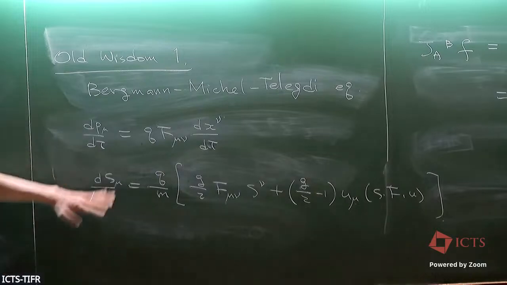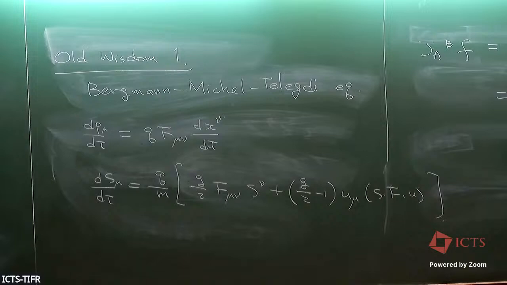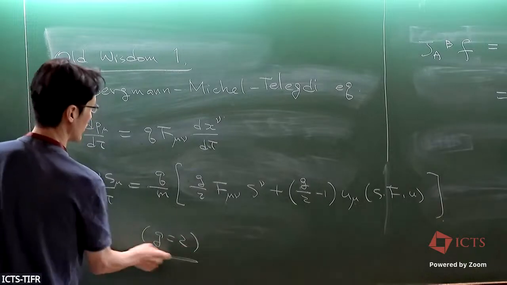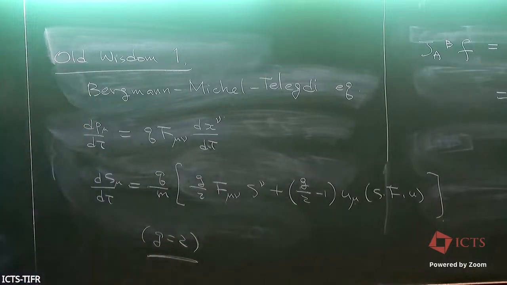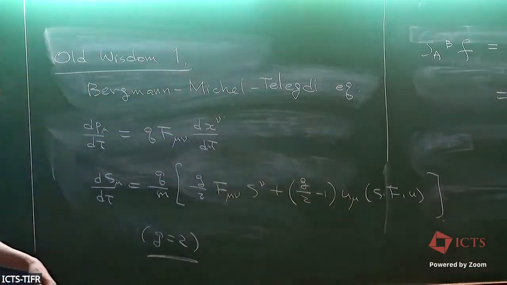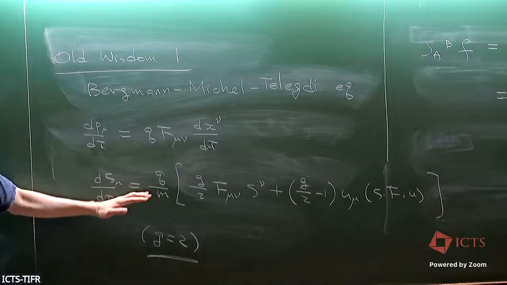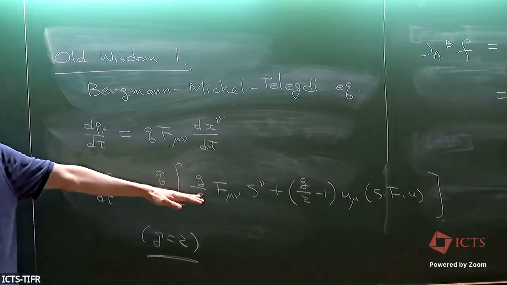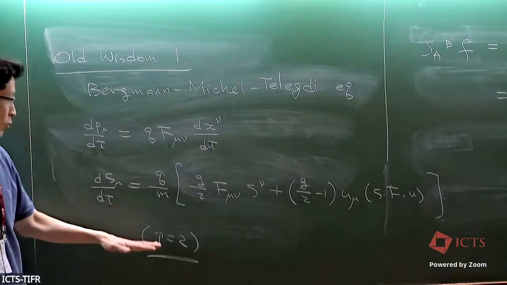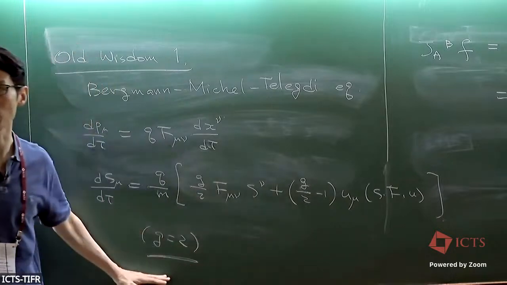And if you look at this equation, you realize immediately that g equals 2 is special. The second term in the second line of the equations drops out. And for a constant magnetic field background, we have this circular orbit, cyclotron orbit. And the precession of this spin is completely synchronized with the cyclotron frequency, if and only if g takes this special value.